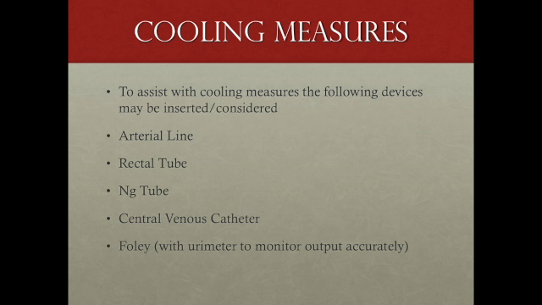Also, keeping in mind the lavage for NG tube, rectal tube, or open body cavity, the ice packs should be applied to the neck, axillae, and the groin. We're going to hydrate with iced IV fluids, and we're going to cover the patient with cold water soaked towels or a cooling blanket if you have it available.